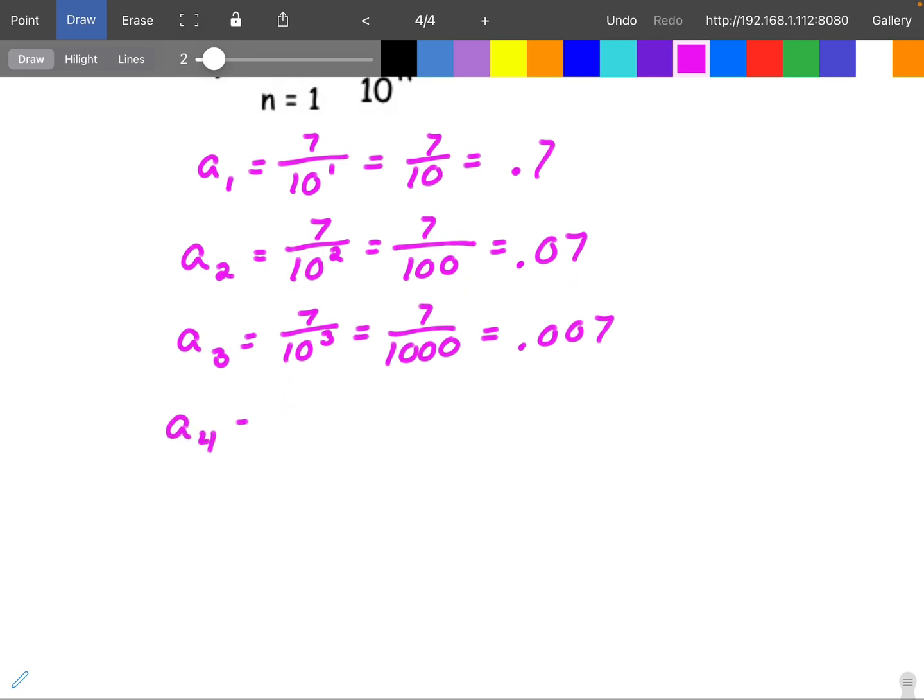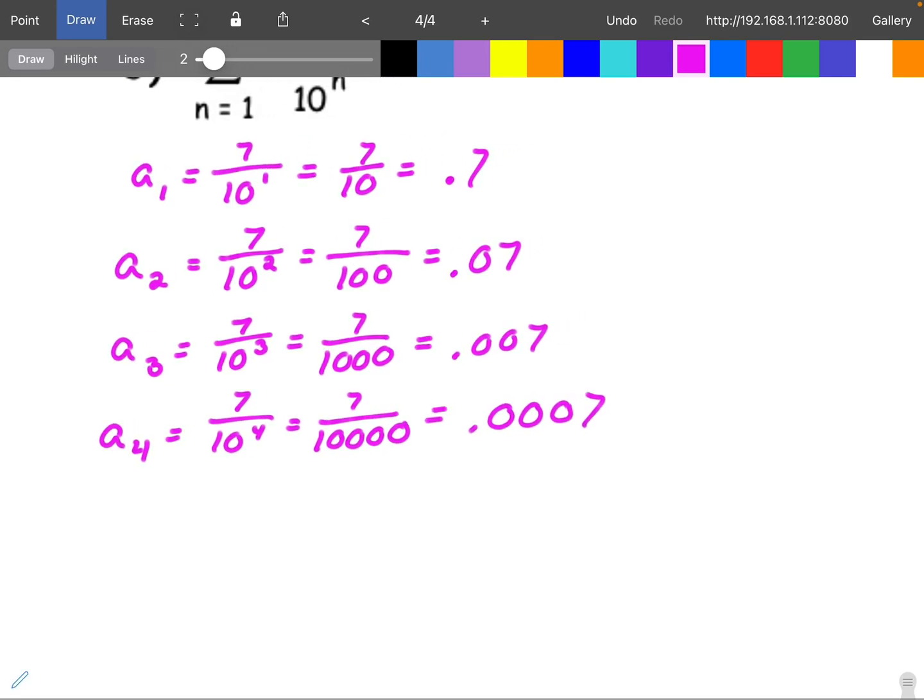If not, we can do one more. So a sub 4 would be 7 over 10 to the fourth power, which means we are now going to have 4 zeros on the bottom. So that's 7 over 10,000, or we can have 7 ten-thousandths.